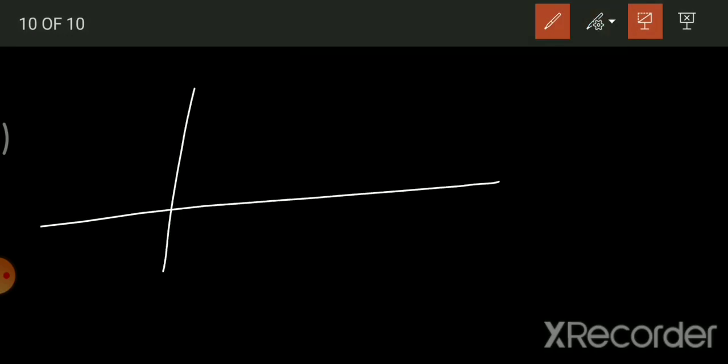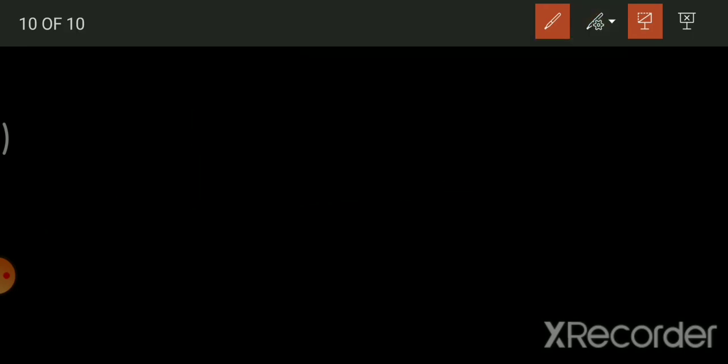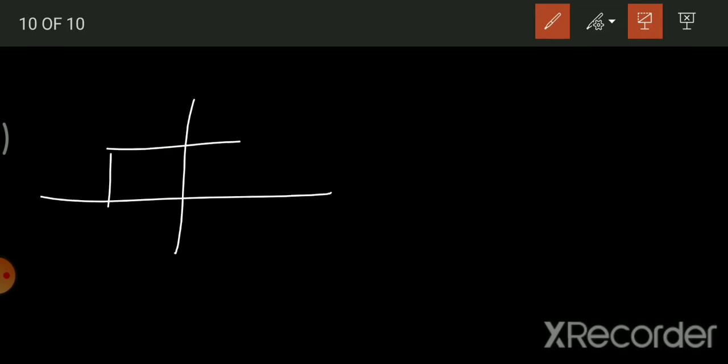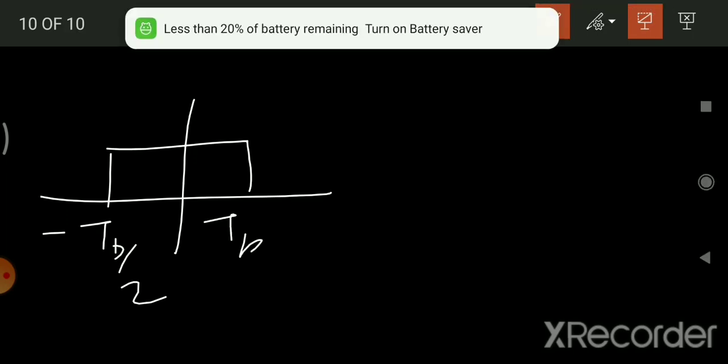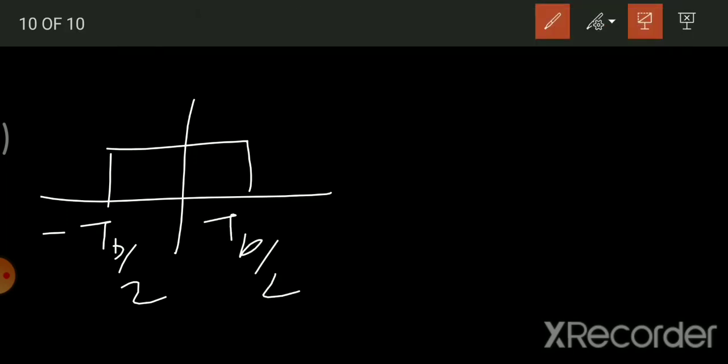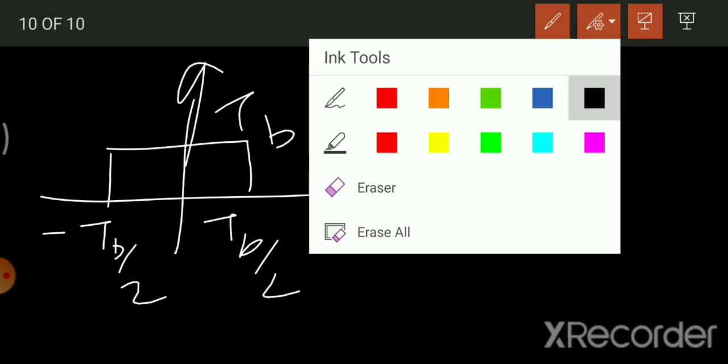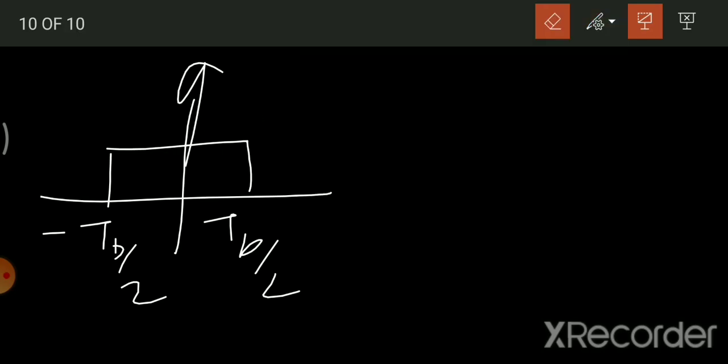We want to transmit this kind of pulse, let me draw it properly. This is the pulse we want to transmit, from minus TB by 2 to TB by 2. For simplicity, let us keep this as 1.